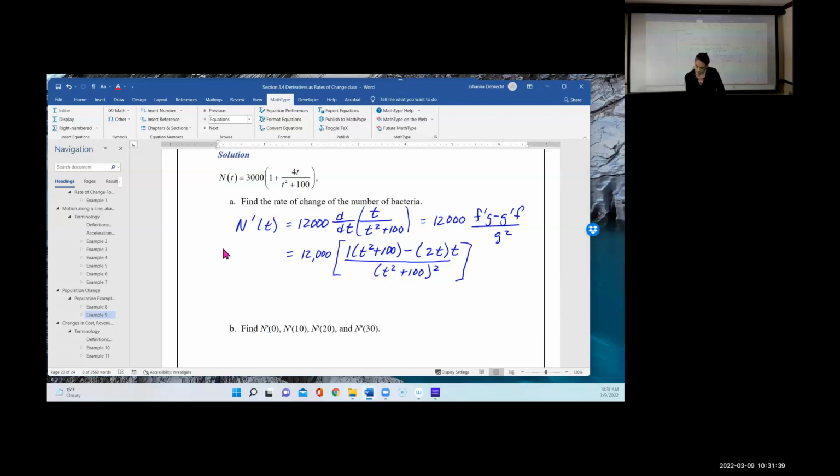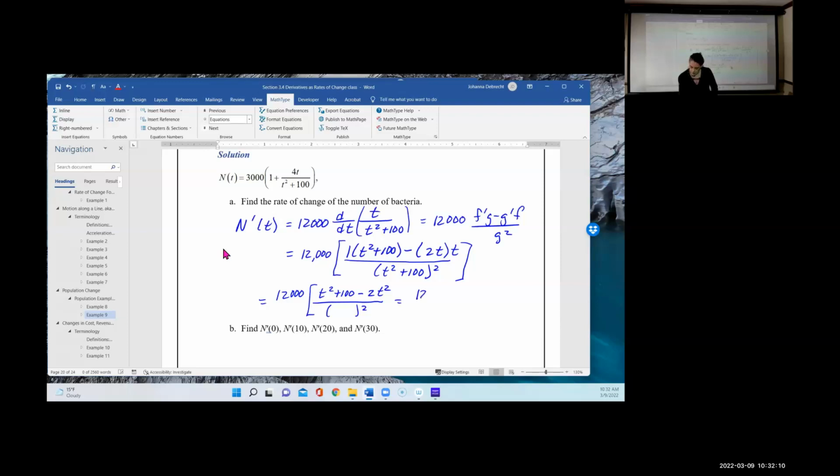And I can clean up the numerator a little bit. So I have 12,000 on the outside still. I have t squared plus 100 minus 2t squared over that quantity squared, which the t squared minus 2t squared is going to give me just negative t squared.